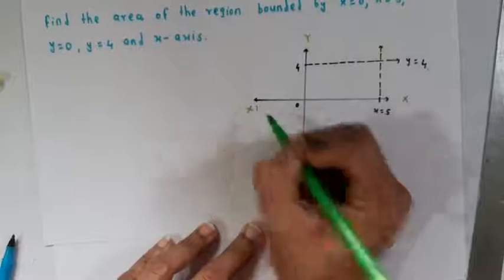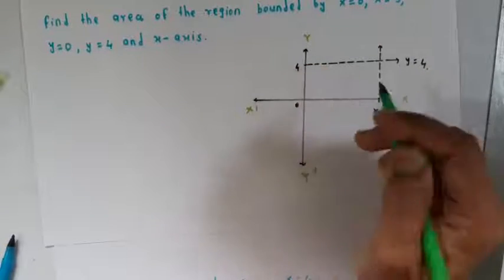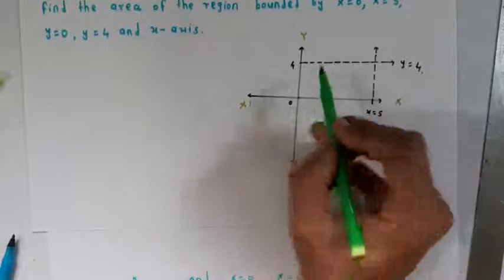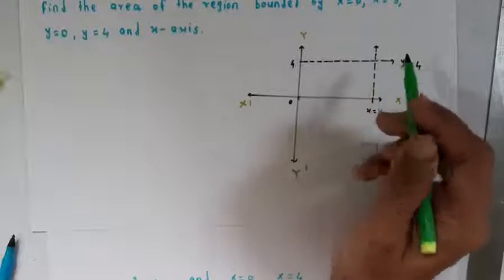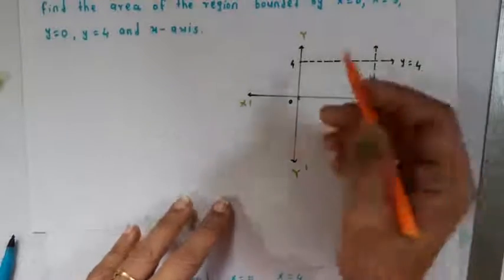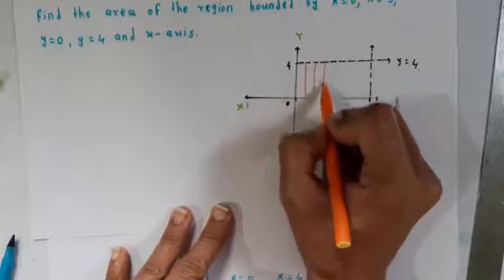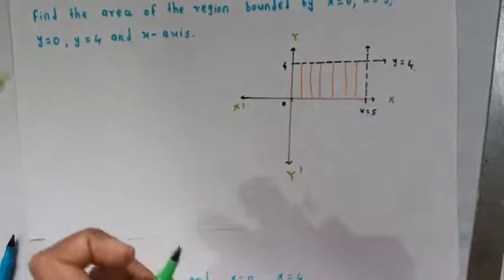Then the lines x equal to 0, x equal to 5 and the lines y equal to 0, y equal to 4. So we have to find out the area bounded by these lines and the x-axis, this much area.